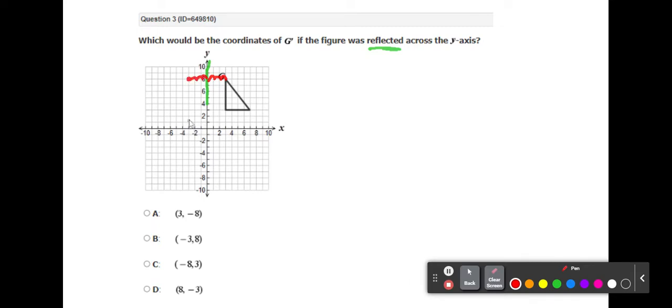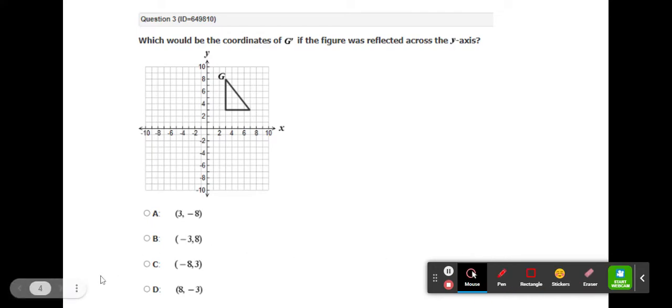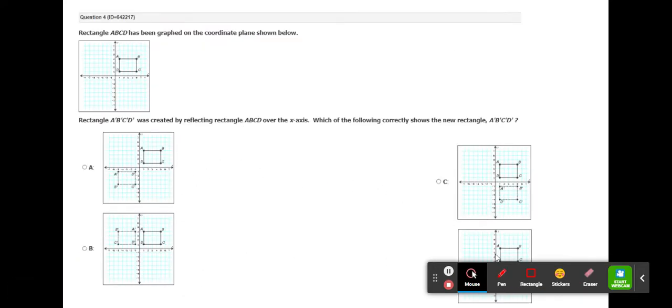So I'm at -3, +8 for my new G. Let me make sure I make the right decision here. There's a lot of negatives everywhere, so -3, +8. The biggest thing was, I think a lot of people missed going across the wrong axis on those reflections. So highlighting them really helps if you can.